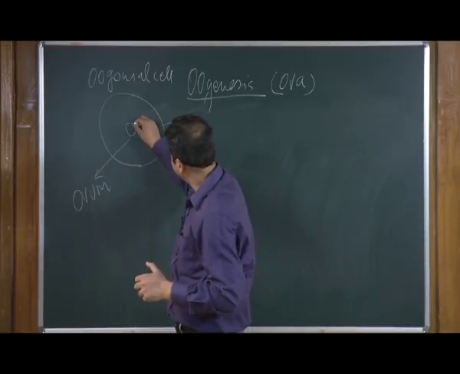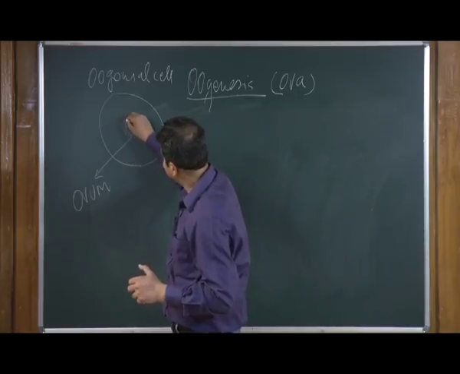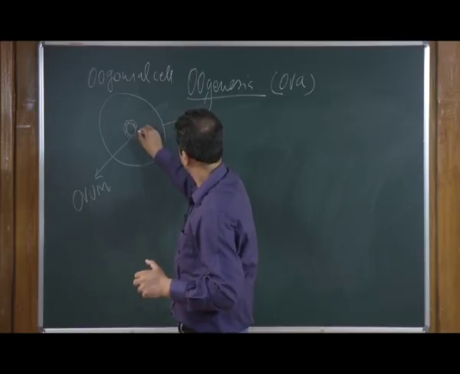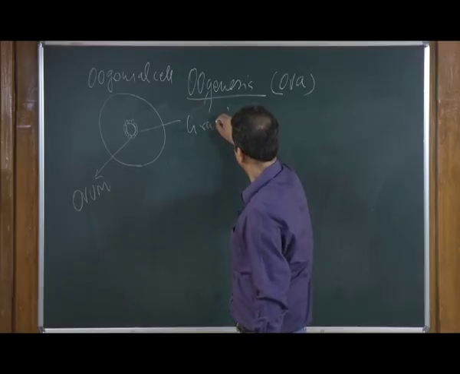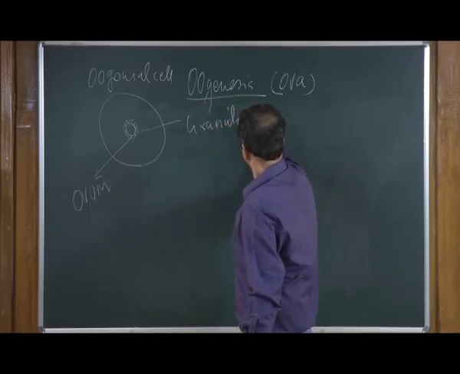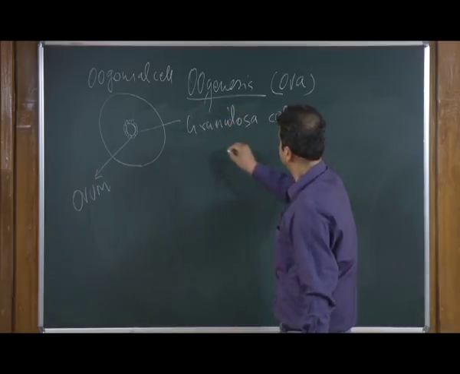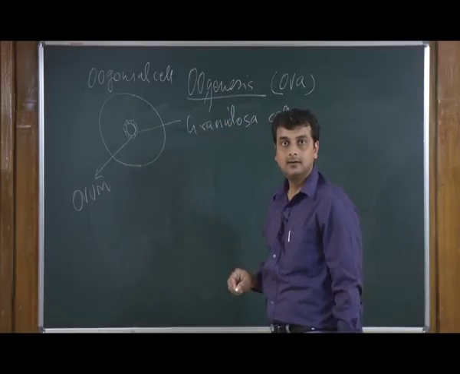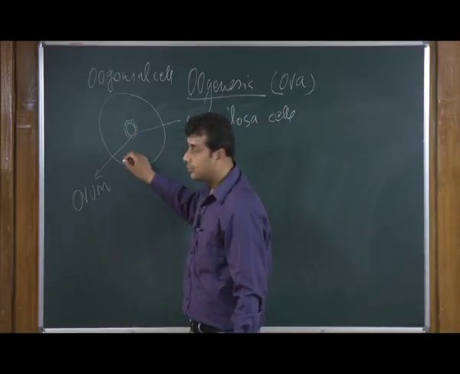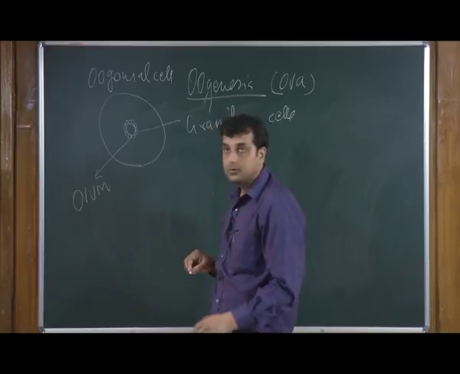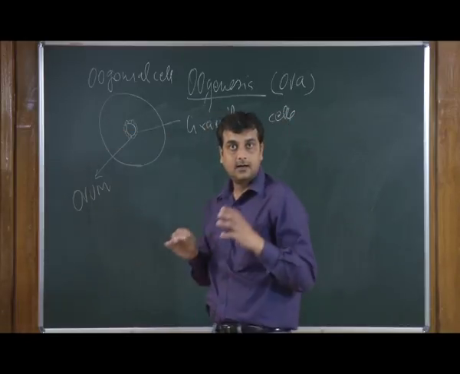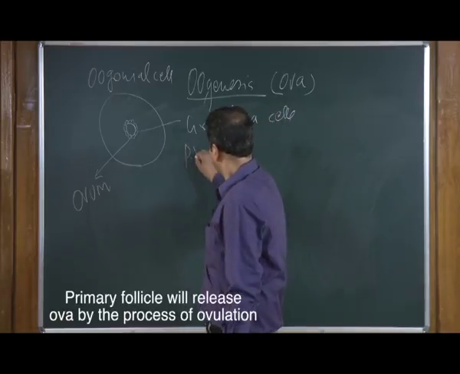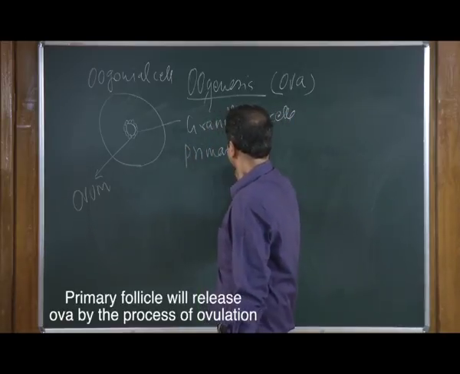These granulosa cells form a layer surrounding the ovum, and this structure, with granulosa cells surrounding the ovum, is what we call a primary follicle.